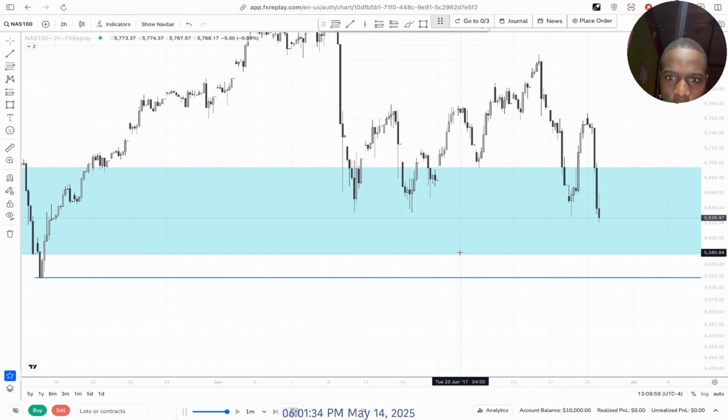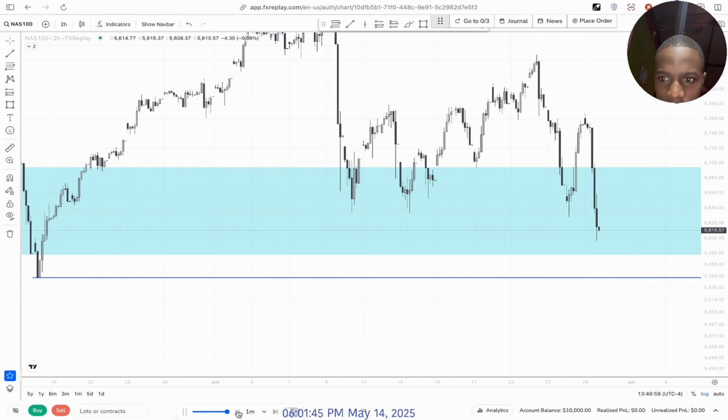Let's see if we push any higher. So we're still dropping crazily. We're waiting for maybe a small retracement.